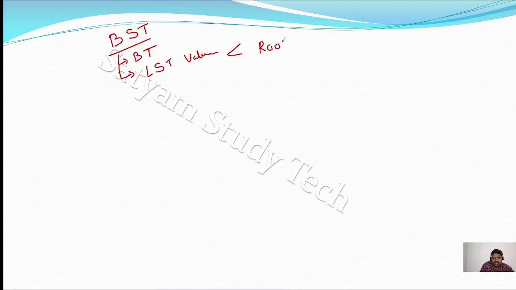Now, what is meant by BST? Binary search tree. A binary search tree is a binary tree which also follows the principle that all the left subtree values are less than the root and all the right subtree values are greater than the root.